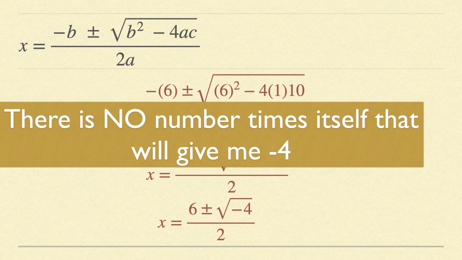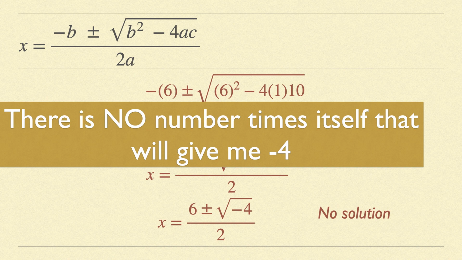The only way I can get negative 4 is if I have a positive 2 and a negative 2. And even though they're very similar, they are not the same. So the answer for this and any equation that we use the quadratic formula with that has a negative underneath the square root symbol is going to be no solution.